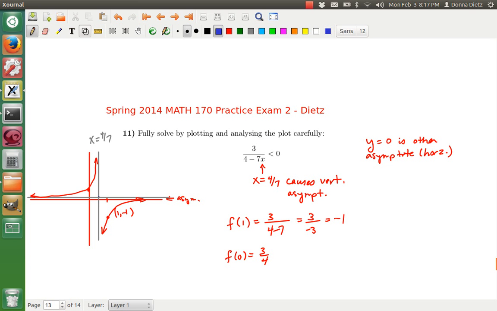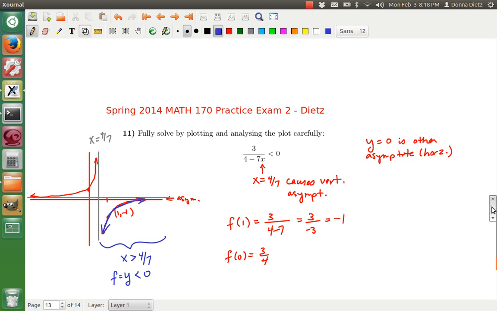Well, this piece of the function is less than 0, and so it's where x is greater than 4/7. That's all we need to know. For x greater than 4/7, we get y smaller than 0, but y is f. That's all we need to say.